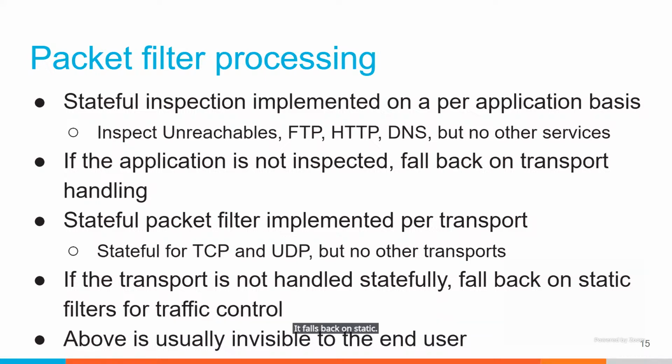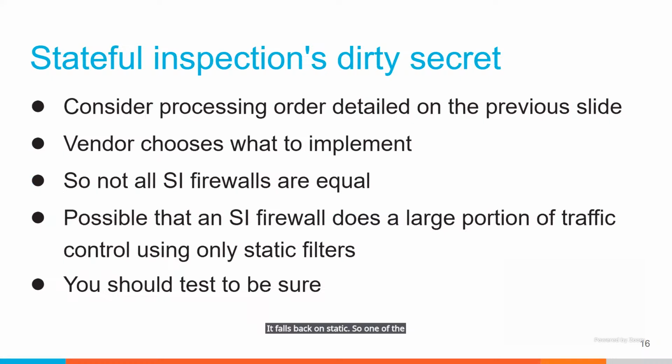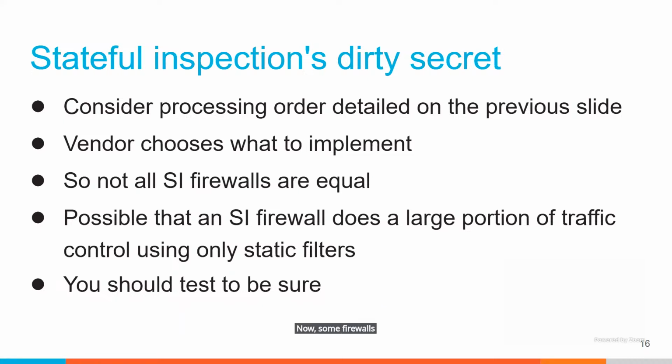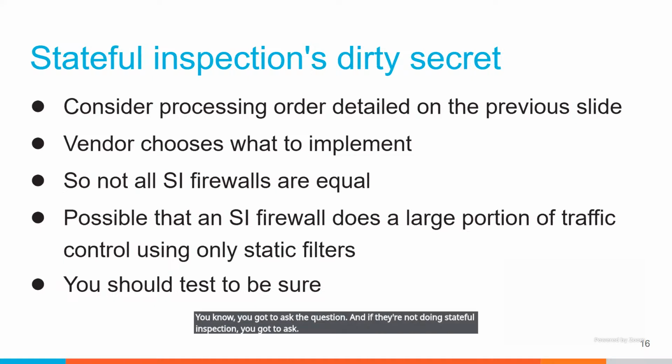So one of the dirty little secrets in the firewall industry is that when a vendor says we're a stateful inspection firewall, they could statefully inspect one protocol, have static filters for everything else, and they can legitimately call themselves a stateful inspection firewall. Now, some firewalls may only do one. Some may do 50. You've got to ask the question. And if they're not doing stateful inspection, you've got to ask, how are you handling the transport?